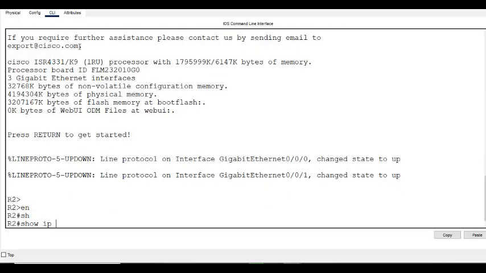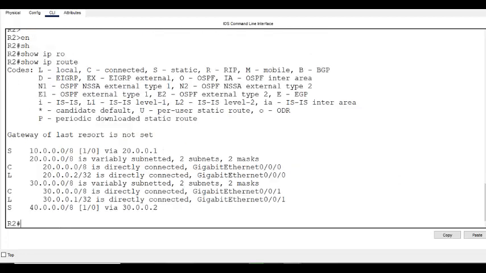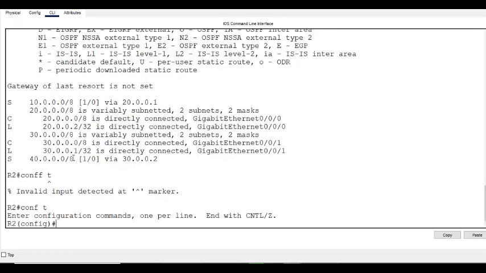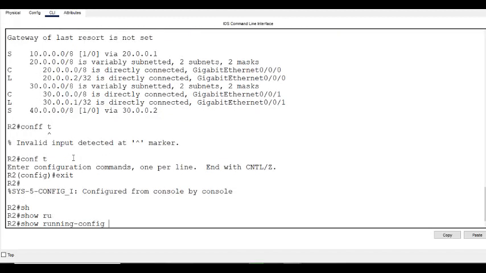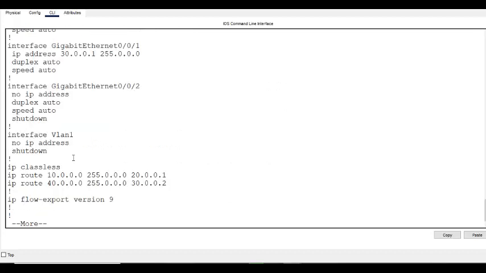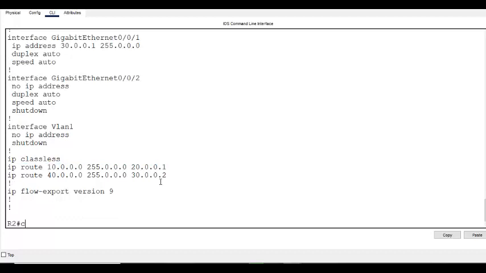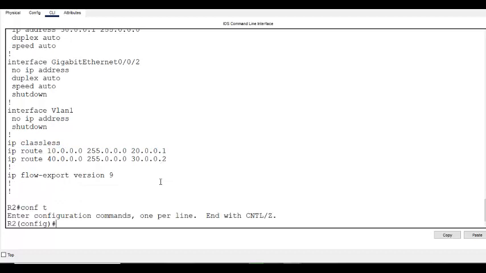Now, just go to the config mode and put no, and then copy this line, paste it. Easy to remove. You no need to type. That's all. Now you type show IP route, you won't see the routes. See, it's gone.